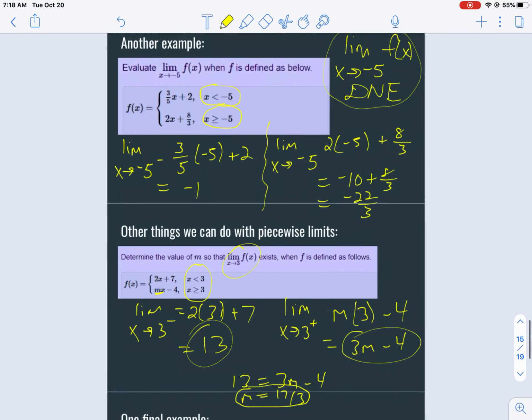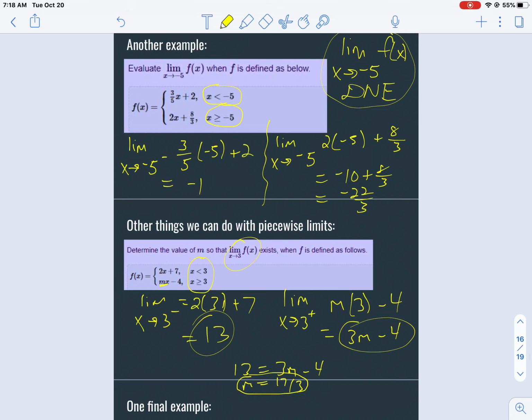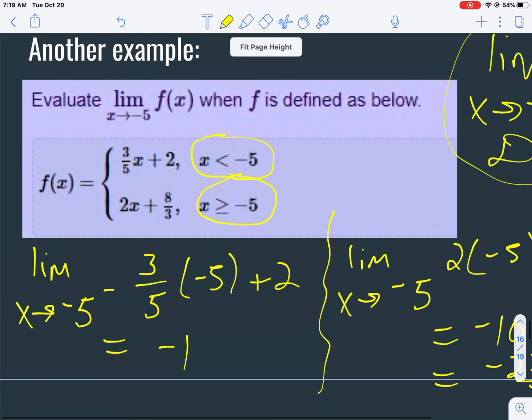So the main idea here is when you're trying to find the limit of a piecewise function at a particular number where the function changes, right? For example, here it changes from 3/5 x plus 2 at -5 to 2x plus 8/3 when x is bigger than or equal to -5, right?